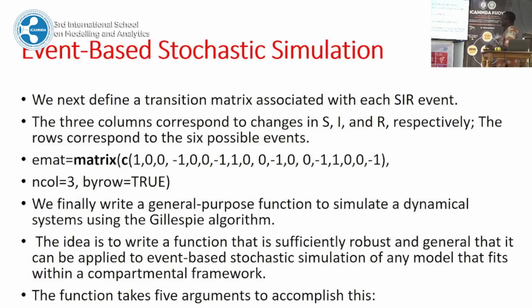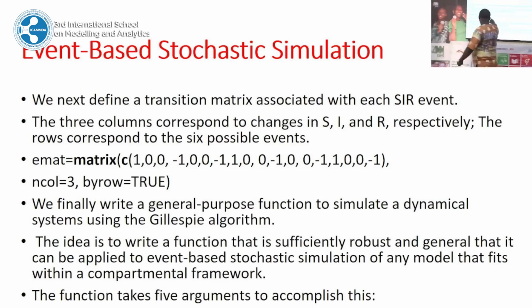Now we next define a transition matrix associated with each SIR event. So we are going to put up a matrix. The three columns correspond to changes in S, I, and R respectively, and the rows correspond to the six possible events.